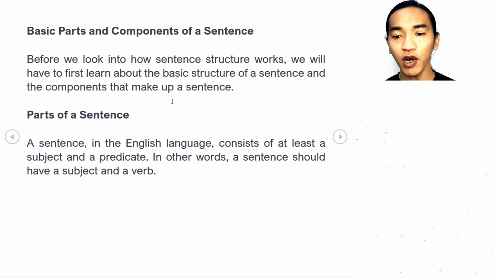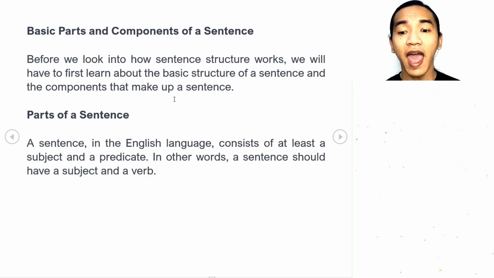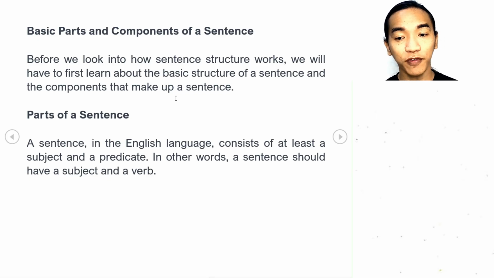So before we look into how sentence structure works, we will have to first learn about the basic structure of a sentence and the components that make up a sentence. Of course, we have to understand each part and each component of the sentence for us to better construct them or for us to better make these sentences.